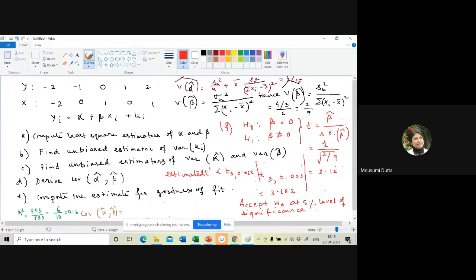If the reverse happens, if the estimated value is greater than that of the tabular value, in that case, we will reject H naught at 5% level of significance.